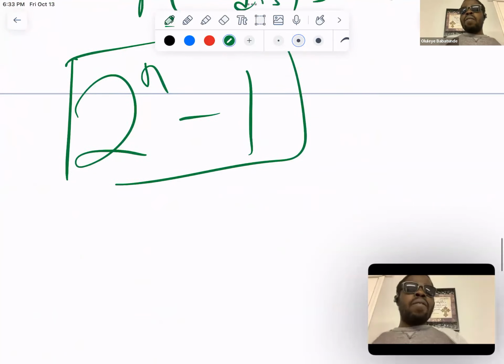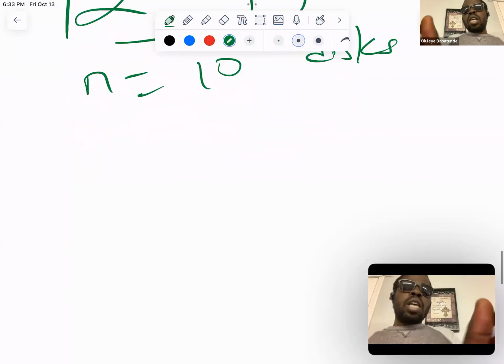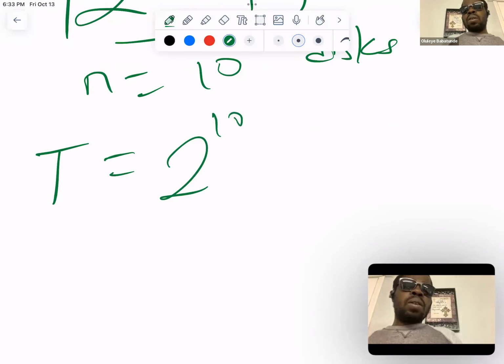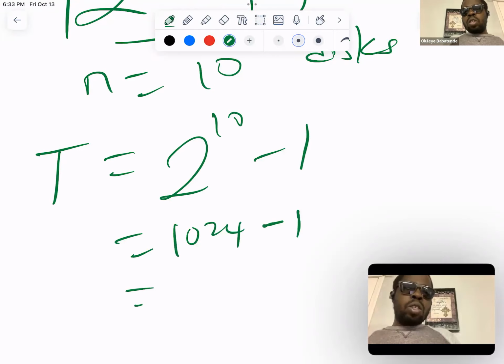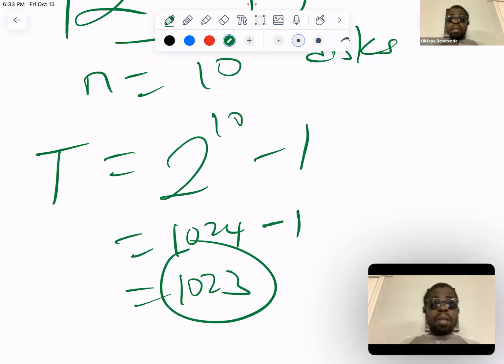So if you have 10 discs, it's going to take you T equals 2 to the 10, which is 1024 minus 1, which is 1023. This will take a while to complete. So you have to start moving the discs 1023 times to complete the game.